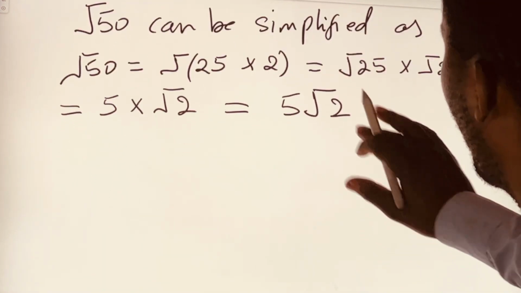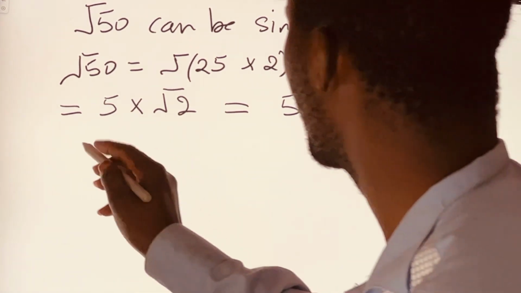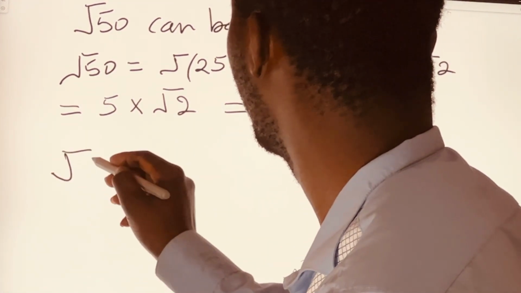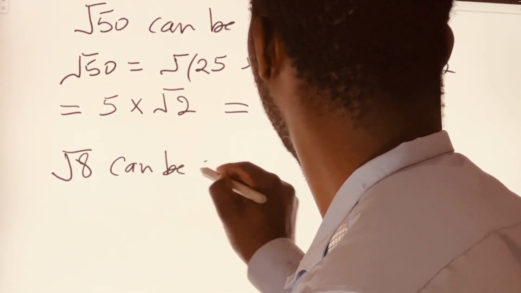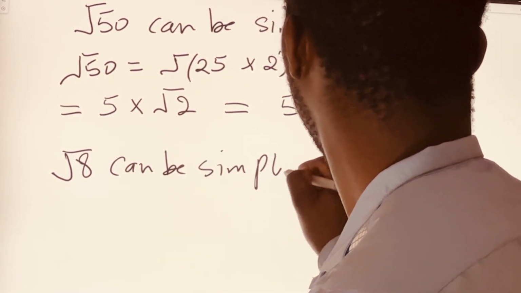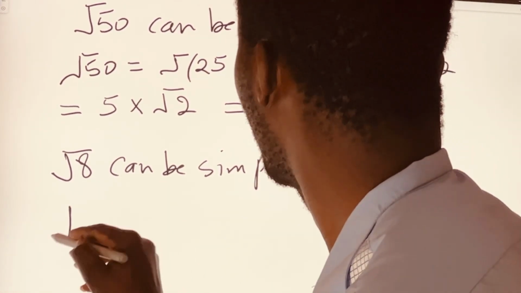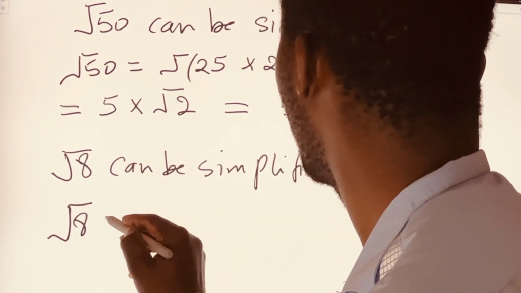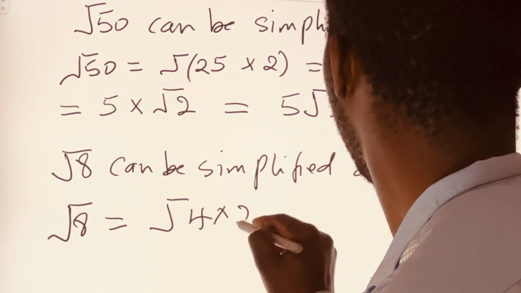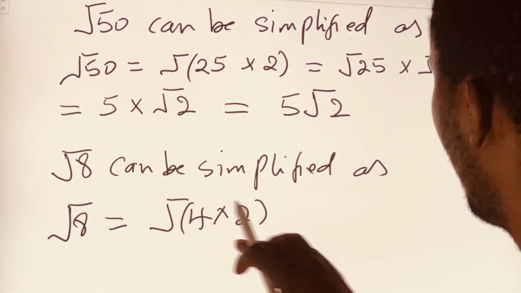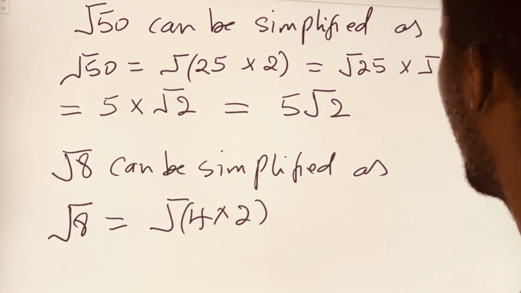So from here we can go ahead and simplify the square root of 8. So we say square root of 8 can be simplified as, so you say square root of 8 is the same as the square root of 4 times 2. Put this in the bracket, which means that 4 times 2 you get 8, still under the square root.